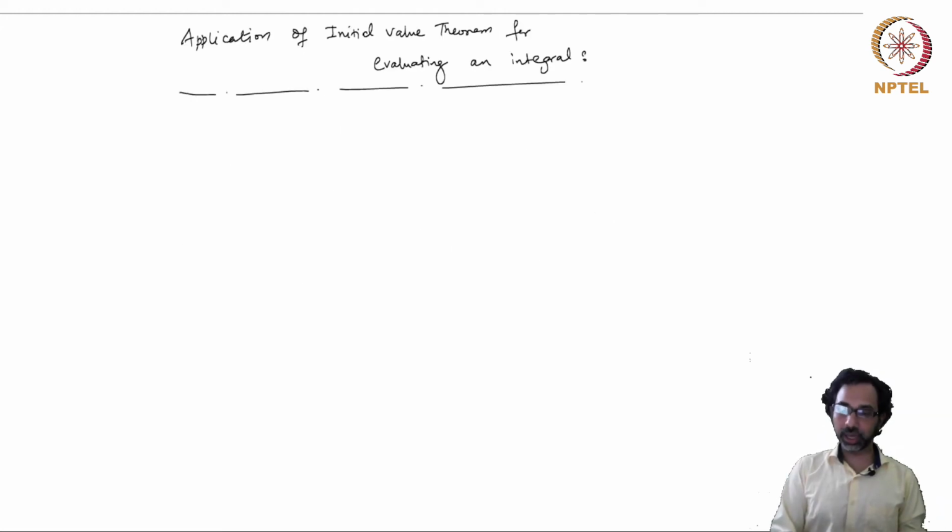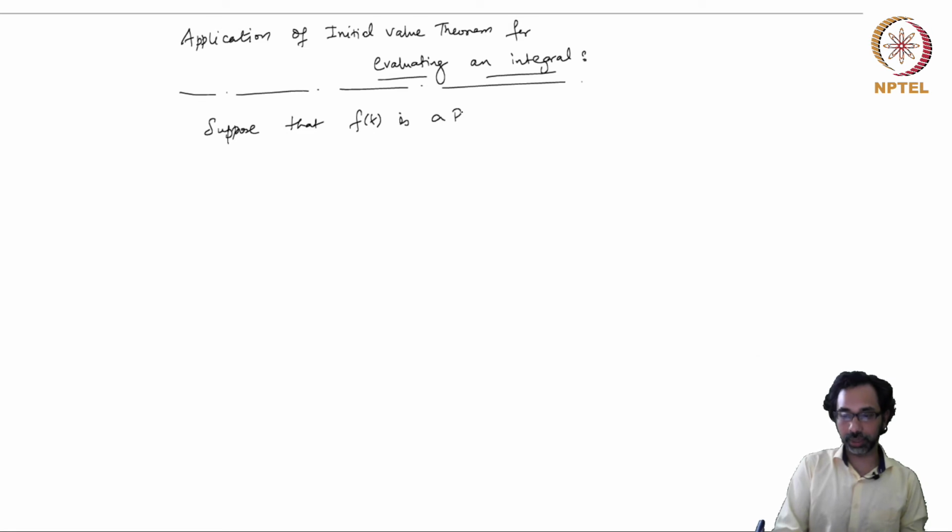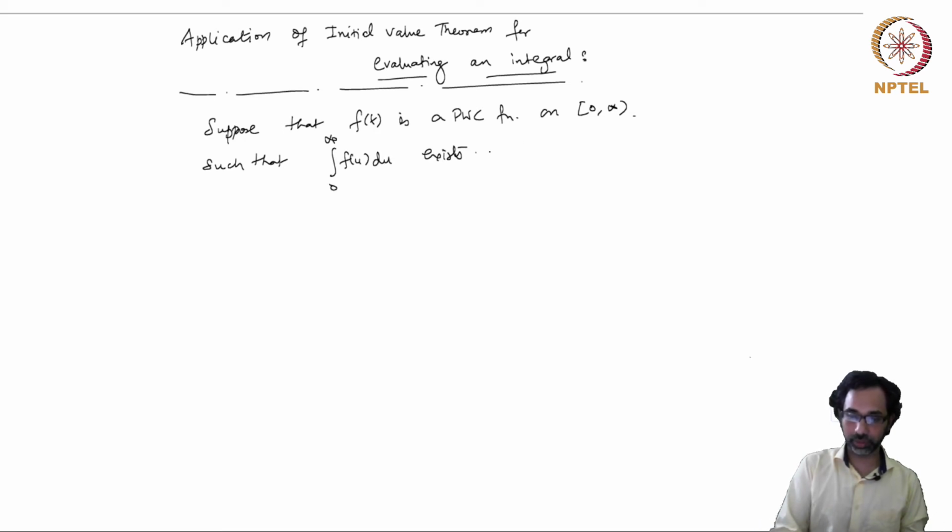Now let's look at an application of the initial value theorem for evaluation of integrals. Suppose that f(t) is a piecewise continuous function on the interval 0 to infinity, such that the improper Riemann integral from 0 to infinity of f(u) du exists. So this is an improper Riemann integral.